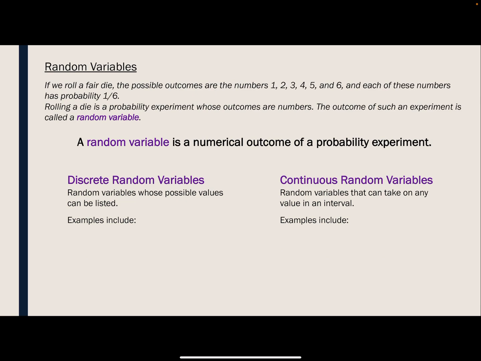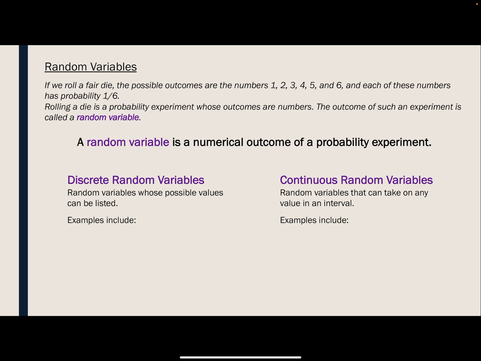We have two types of random variables, discrete random variables and continuous random variables. We talked a little bit about the difference between discrete and continuous in Chapter 1 when we talked about variables. Discrete means that the variable is countable. The outcomes are countable. They're whole numbers, like 1, 2, 3, 4, 5, or 6.